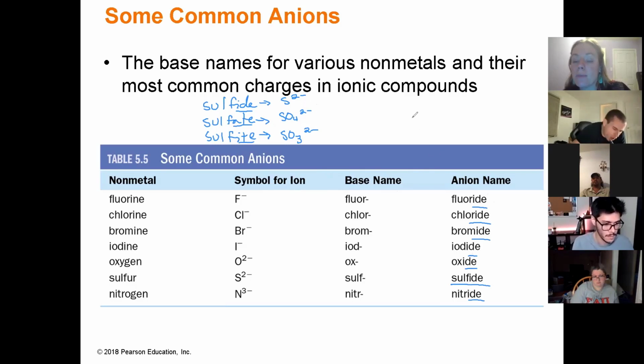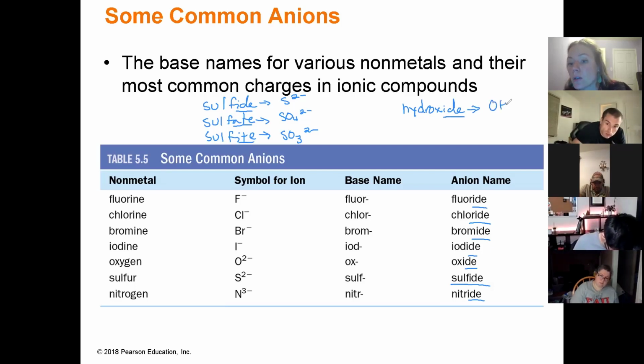One exception is hydroxide. Hydroxide ends in IDE, but it is not talking about a single material like hydrogen. It is talking about OH-. So it's a polyatomic ion. If you wanted to IDE hydrogen, it would be hydride.